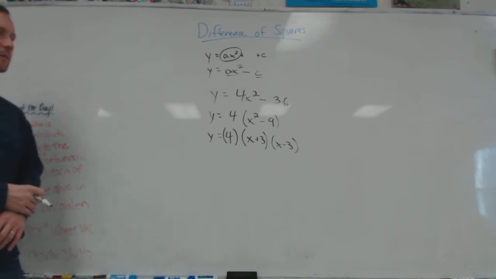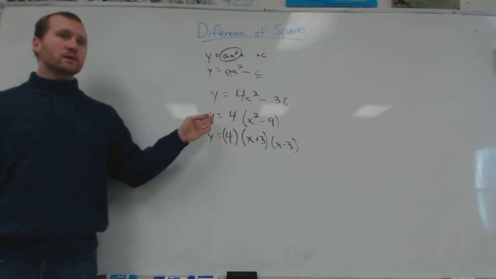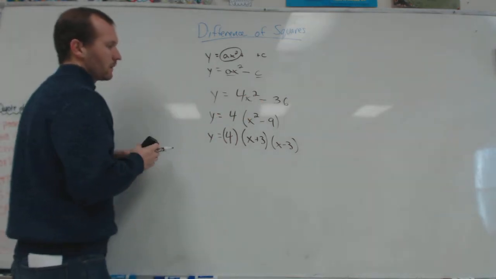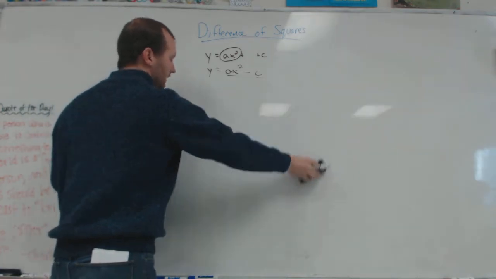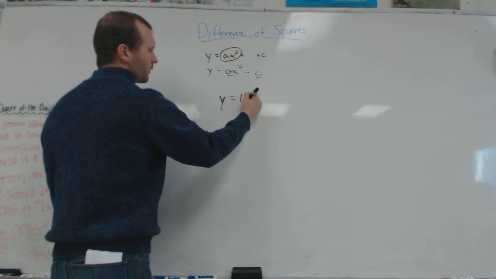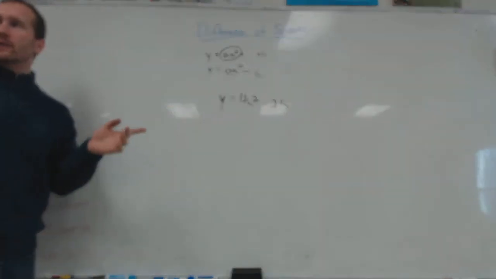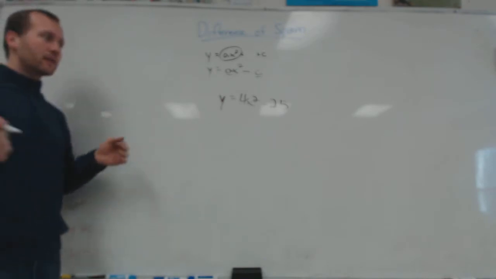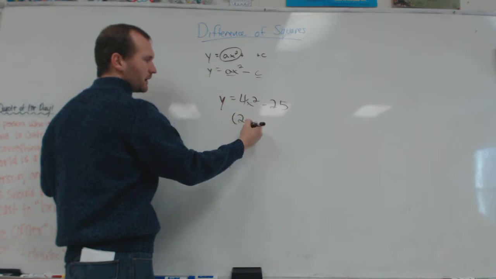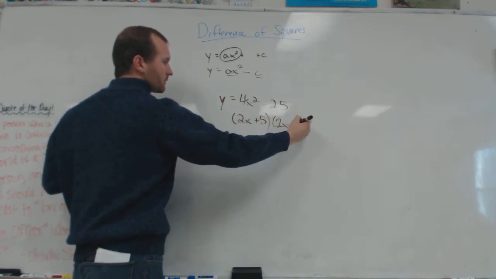Let's look at another example. So in this one, this is the correct way to do this one. This, you would want to do it this way. Pull out the 4. But what if I had one like this? Y equals 4x squared minus 25. Now there's nothing that I can pull out. So I think Emily was onto this. We could just do the square root of this first one, 2x, plus the square root of the second one, square root of the first minus.